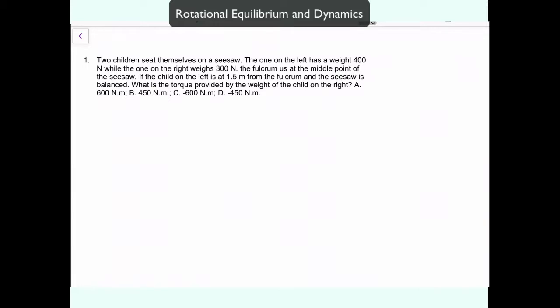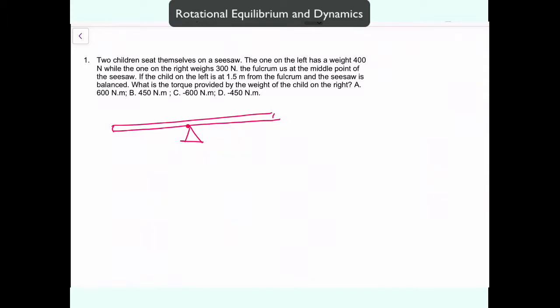So the question states, two children sit themselves on a seesaw. So try to have a rough drawing of a seesaw, something like so, and seesaws are mostly pivoted at the center of the plank.